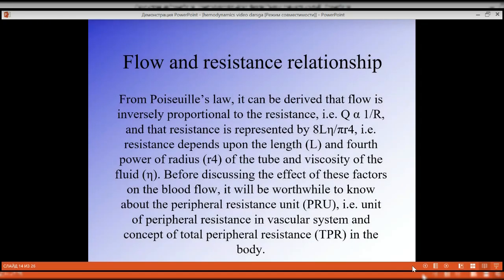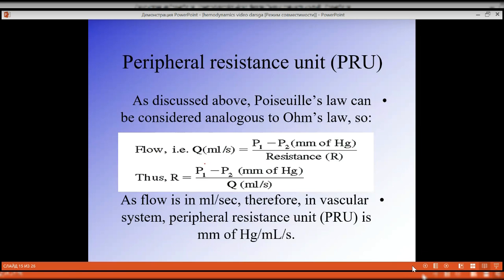As discussed above, Poiseuille's law can be considered analogous to Ohm's law. So, as flow is in millilitres per second, therefore, in the vascular system, the peripheral resistance unit is millimeters of mercury.